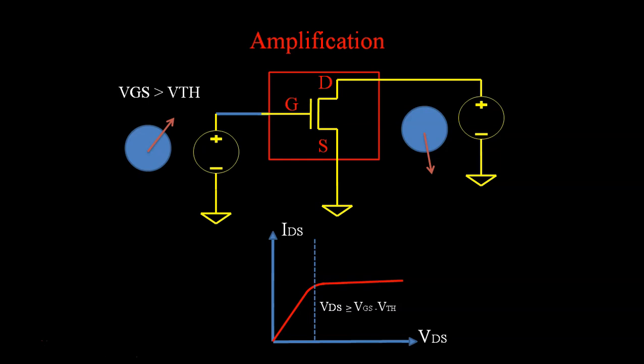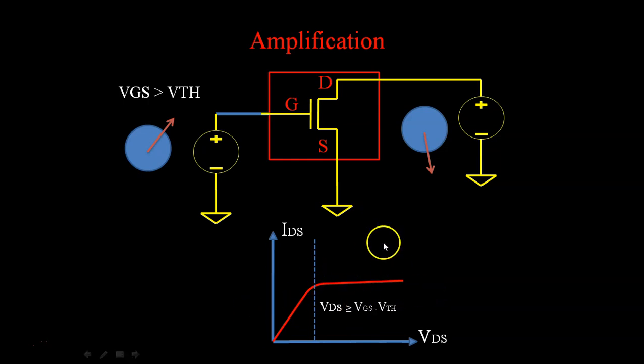Can you imagine a device or component that gives a constant current irrespective of the voltage across it? That is what is happening here. Irrespective of whatever VDS I give beyond this point, the current doesn't change. So this is the definition of a current source, right?